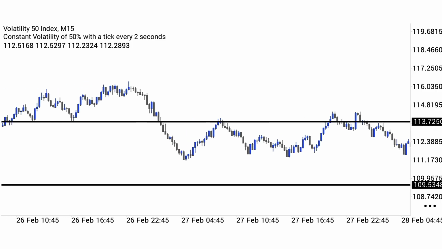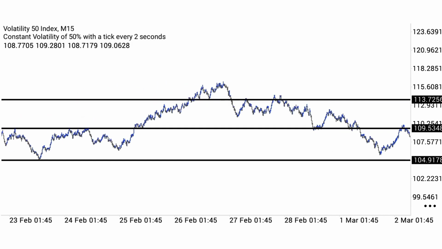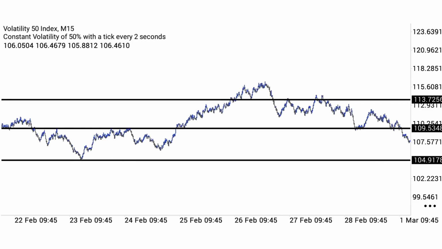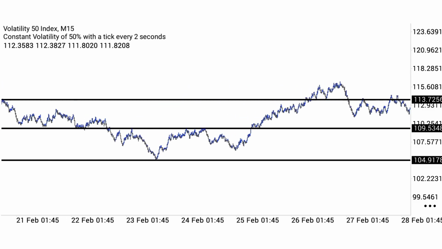Now, what are support and resistance lines? Support and resistance lines are lines that represent areas in the market where there has been strong price action. So, for example, as traders, we have a belief that what happened in the past is very much capable of repeating itself in the future.